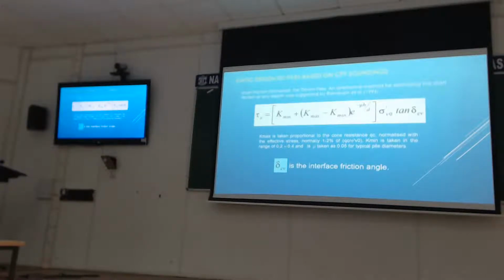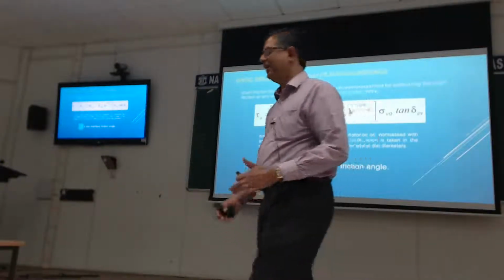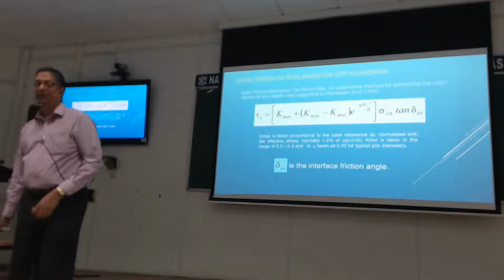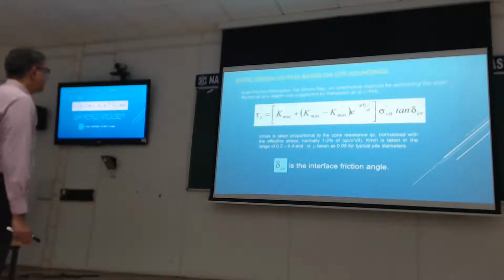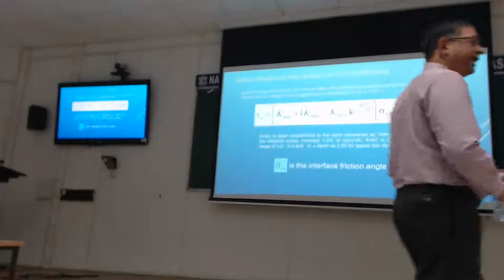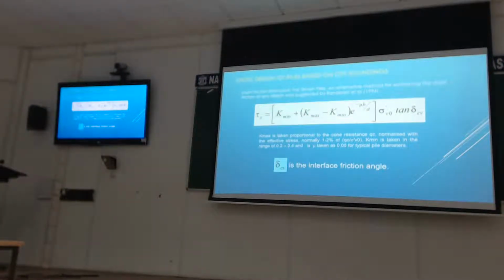Now, Randolph obviously did not like that, and he proposed something different. So he came up with this expression that the shear stress can be estimated based on limiting earth pressure values effectively. So you have this K-min and K-max, and he is using an exponential decay. This is quite cool stuff.